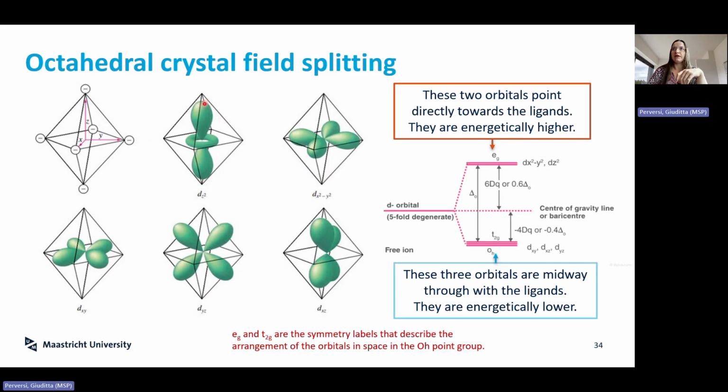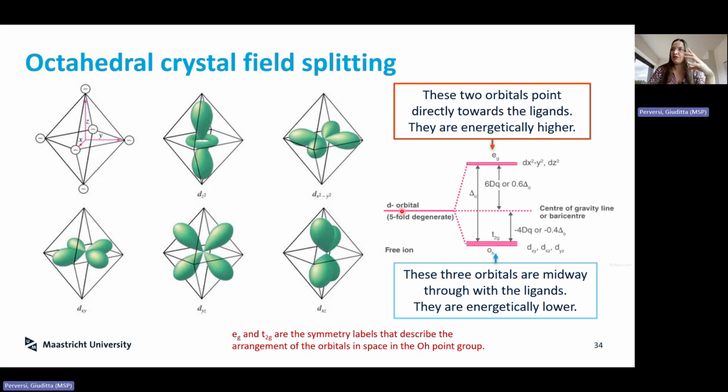This means that your EG set is higher in energy than the barycenter of the free ion. Meanwhile, the T2G set, which is everything else, points midway through the direction of the ligand. So it's not going to be equally affected in energy. It will drop in energy in comparison to the barycenter in which all of the 5 are equivalently placed.